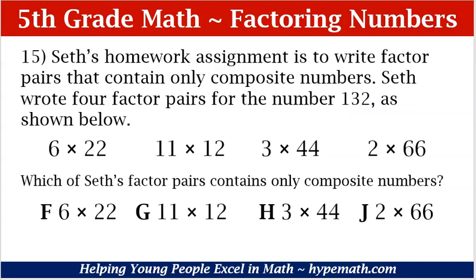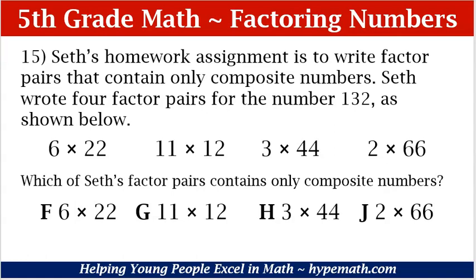Number 15 says, Seth's homework assignment is to write factor pairs that contain only composite numbers. Seth wrote 4 factor pairs for the number 132 as shown below. Okay, we have 6 times 22, 11 times 12, 3 times 44, and 2 times 66.